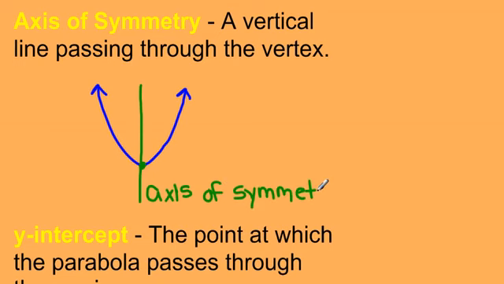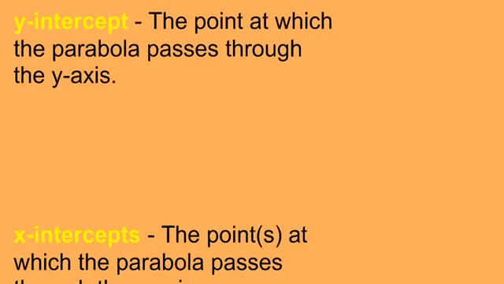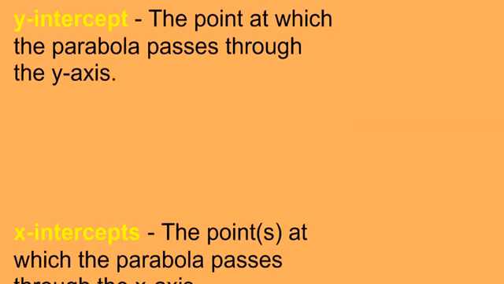The next term I'm going to look at is the y-intercept. Y-intercept is the point at which the parabola passes through the y-axis. So if I had an axis here, we'll say this is my x, and this is my y.